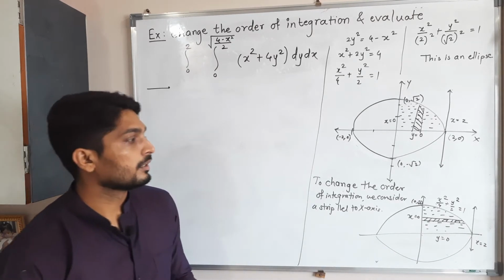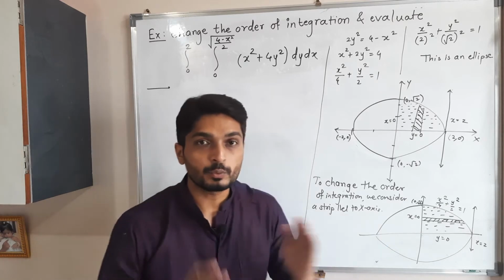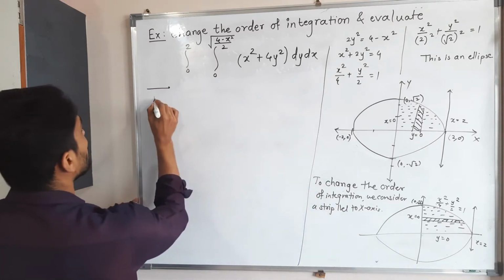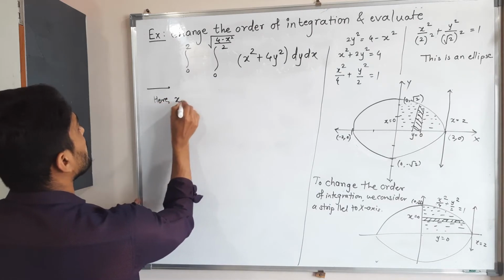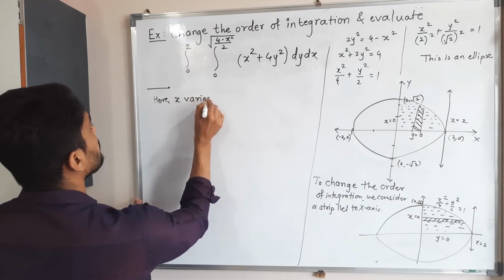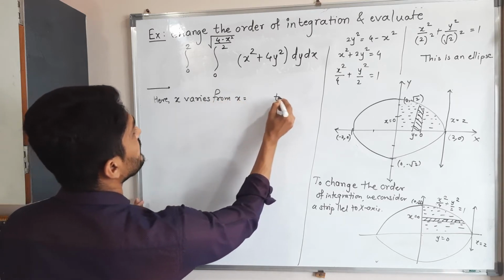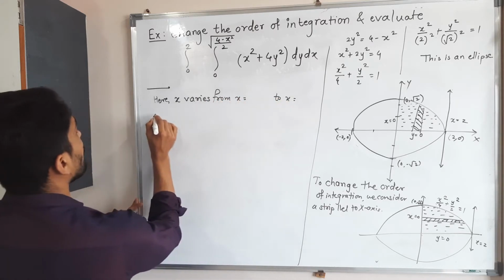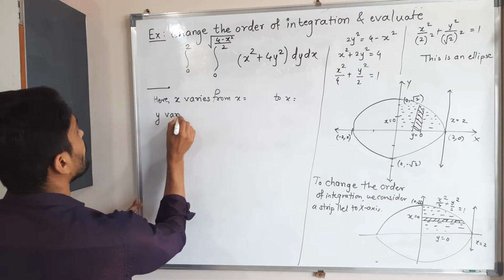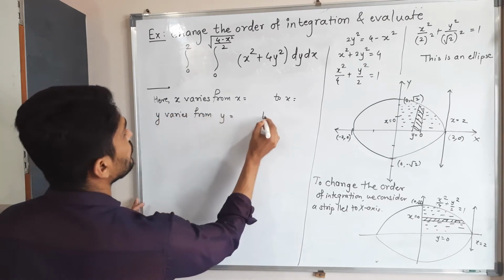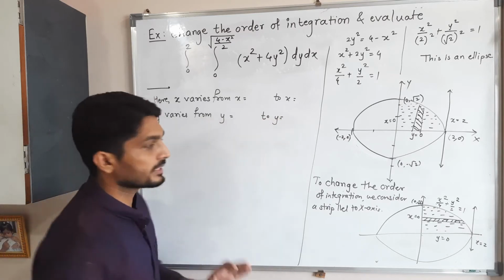Okay, see, when we consider a strip parallel to the x-axis, we write two sentences. The first sentence is x varies from x is equal to, and we write y varies from y is equal to. These two sentences we write first.